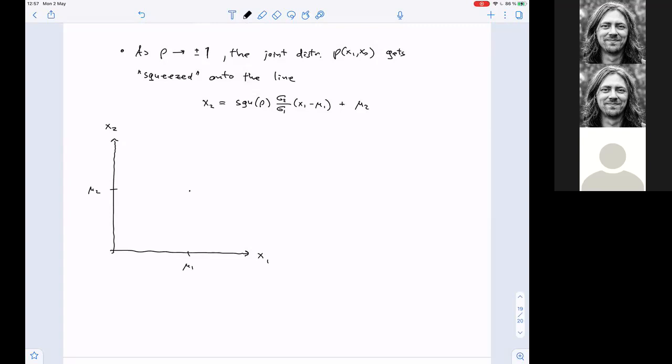Okay, we have a center here. That should have been in the center, but you get the point.